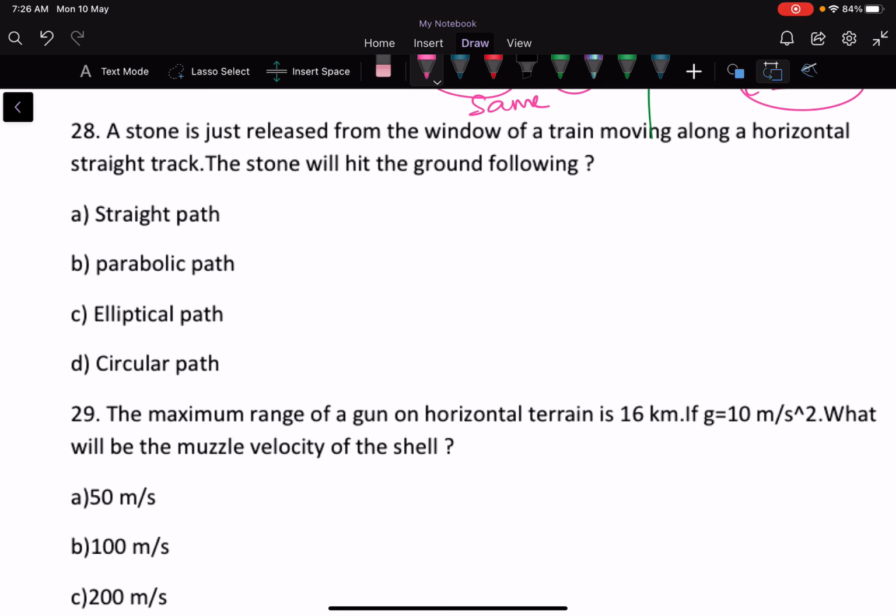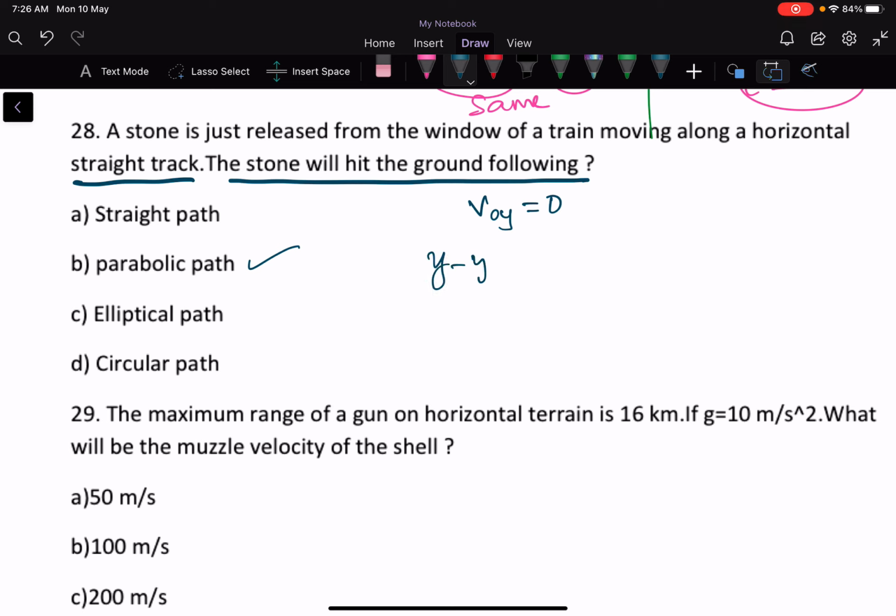Question number 28. A stone is just released from the window of a train moving along a horizontal straight track. The stone will hit the ground in a parabolic path. It is released, so v0y is equal to 0.